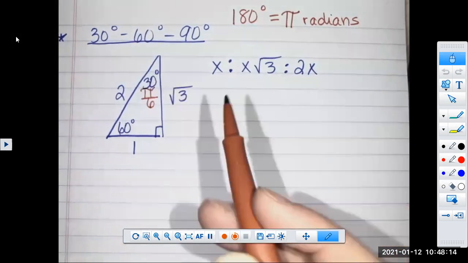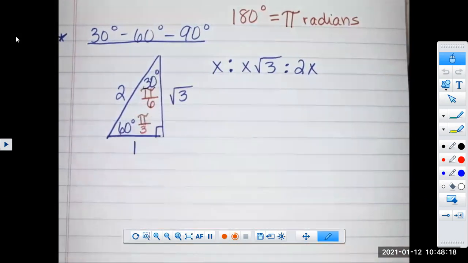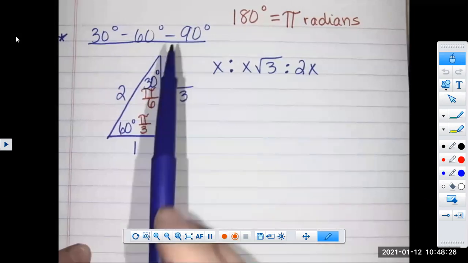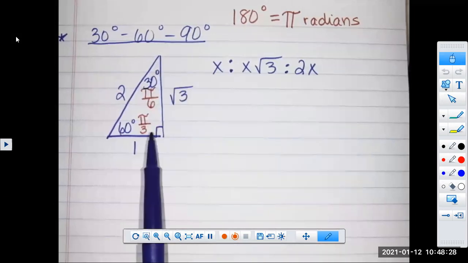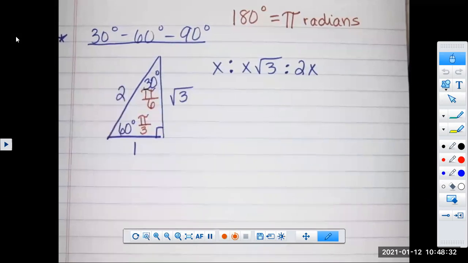60 degrees in radians is pi over 3. So they're either going to ask you for the sine of 60 degrees or the sine of pi over 3. So just know that. In a 30, 60, 90, you've got a short leg, a long leg, and of course your hypotenuse. You always want your short leg length first.